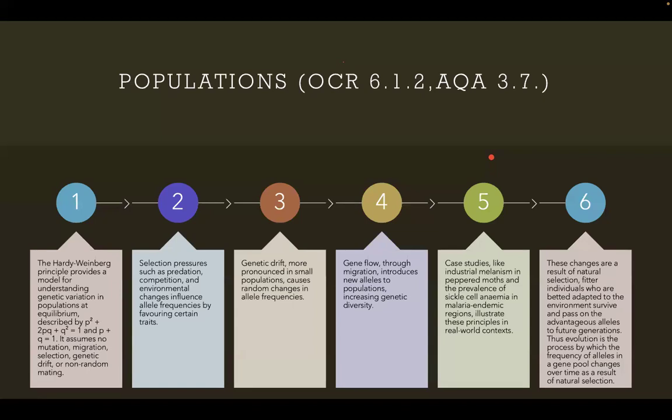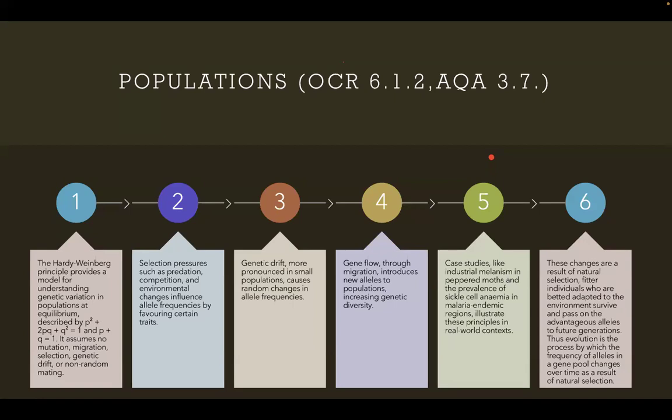So selection pressures are basically, let's use this case study here: melanism. In peppered moths, they were initially white, but because of the Industrial Revolution, a lot of soot was being produced, and they would stand out quite easily to predators.